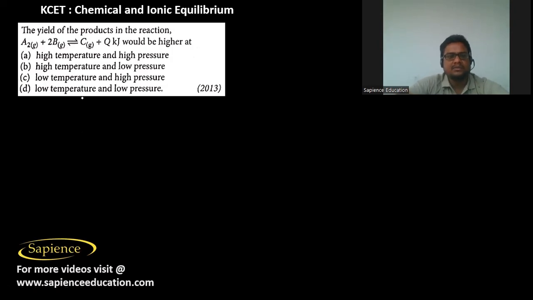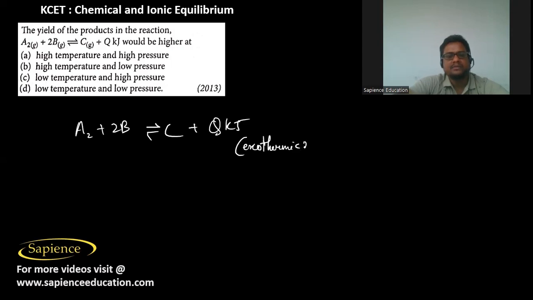Then here it is asked, the yield of the products in the reaction would be higher at? So here A2 plus 2B gives P plus Q kilojoule of heat. So it is an exothermic reaction.